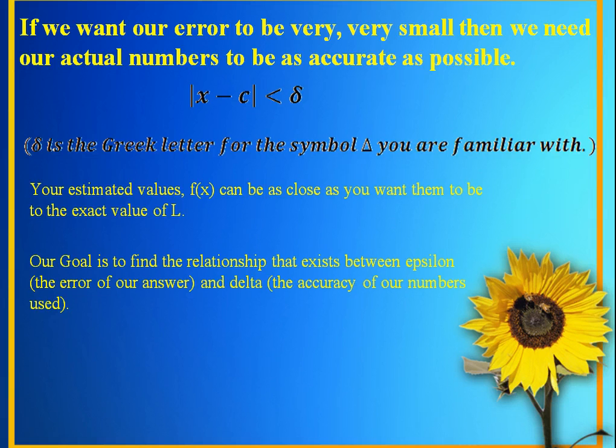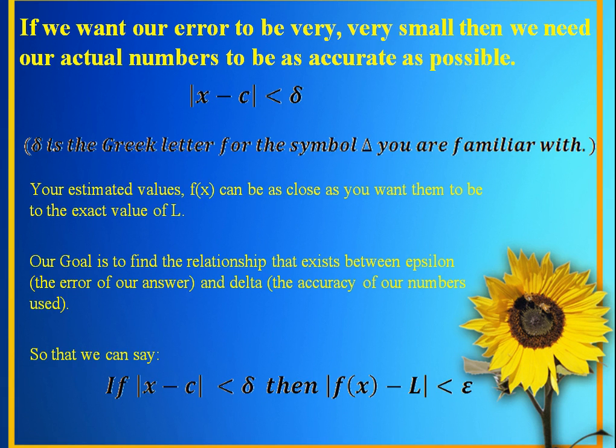If I have a window of an acceptable error, then I know that any diameter of a bolt that falls within that error will still be usable. Anything outside that error will have to be tossed. So I want to say that if the difference in my x values is less than delta, then the difference between my function and the actual limit will be less than the error that's acceptable, meaning all the bolts will be acceptable.